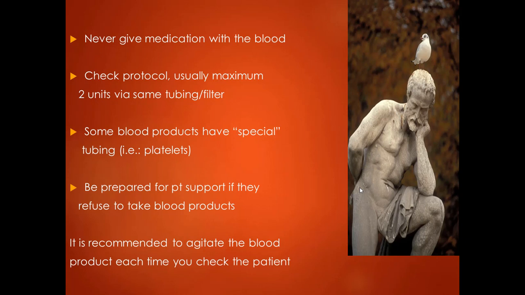And then it says, be prepared to provide patient support if they refuse to take any blood products. There are different cultural and religious groups that will refuse any blood products.